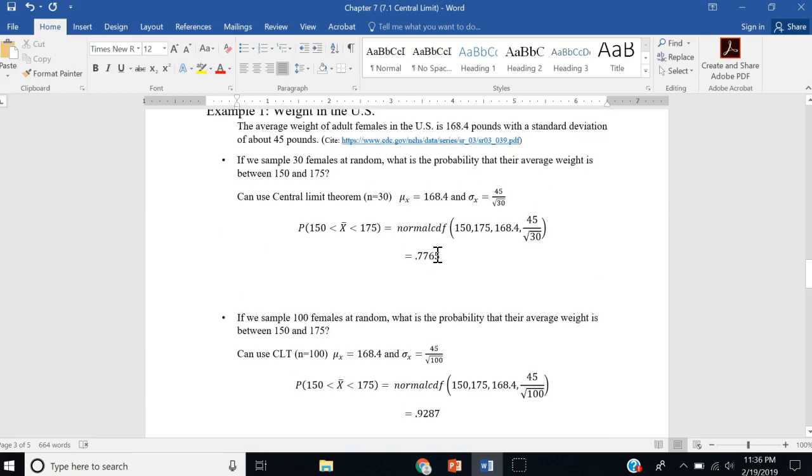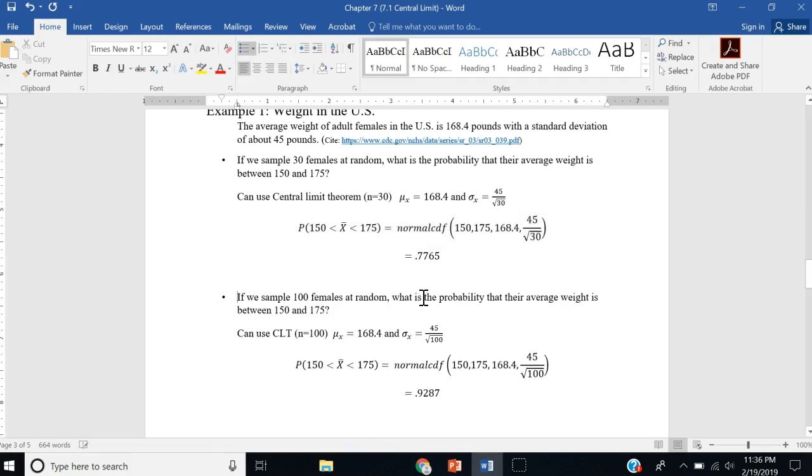Before I move on, I just want to point out what happened here. We were looking at weights of adult females in the United States, and we said, if we sampled 30 of them, the chance that we get between 150 and 175 as the average of the group is 0.7765.